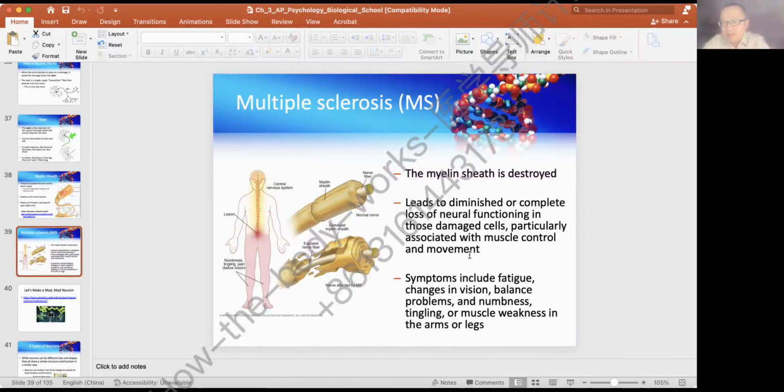So that's a pity. The symptoms include fatigue, changes of vision, balance problems, and numbness, tingling, or muscle weakness in arms or legs. So those are the typical clinical manifestations of multiple sclerosis. Okay.